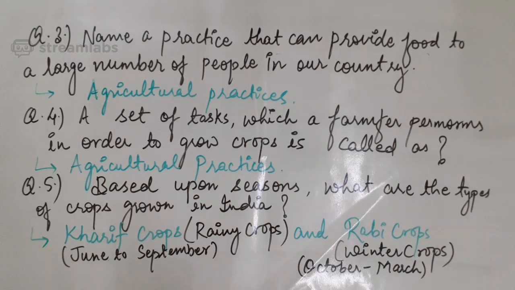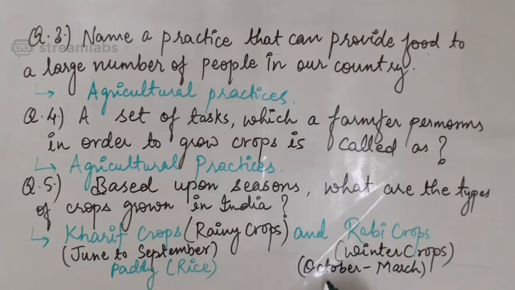Example for rainy crops is paddy, means rice, and opposite to that is the wheat, grown in the winter season.